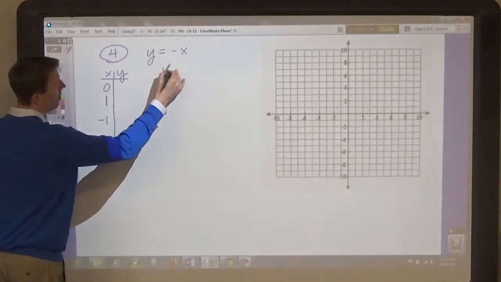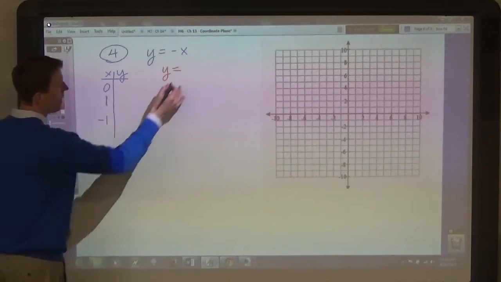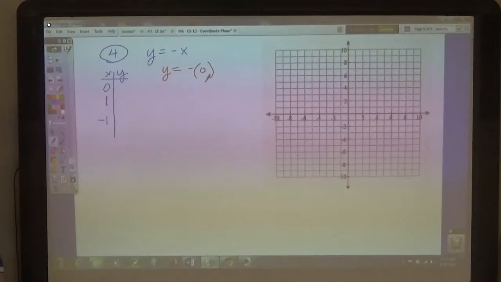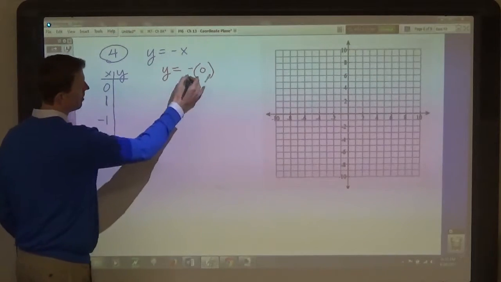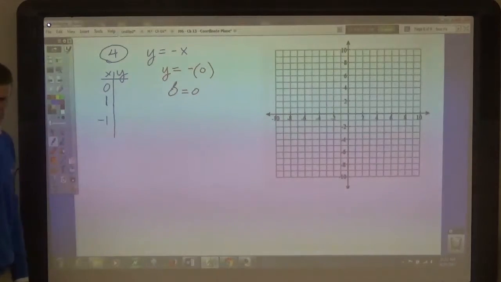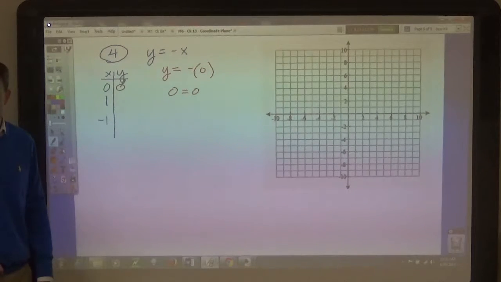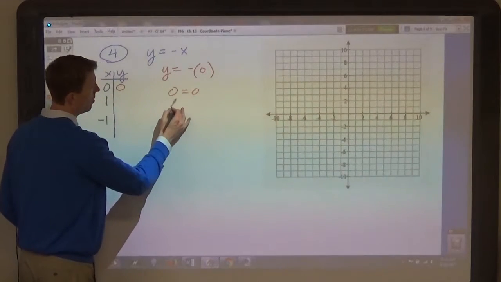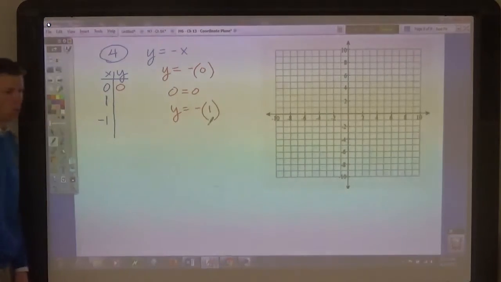So if we put 0 in, a negative sign, and then 0 in parentheses. What does y equal when x is 0? This would be 0. So y equals 0. 0, 0 is one of the points. How about 1? y is equal to negative parentheses 1.